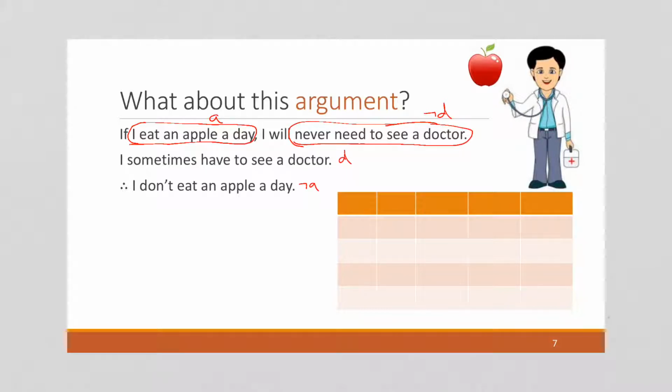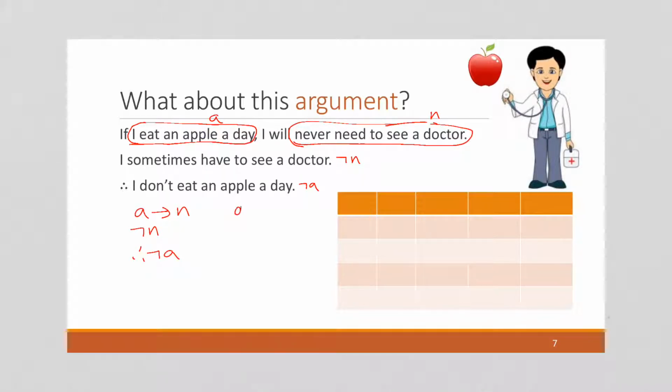But I find it's easier to make the first row be all positives. So let's call it something else. Let's use N for never need. And sometimes I have to see the doctor, which means not never. So my argument form is A implies N, not N, therefore not A. And we could have written it the other way.